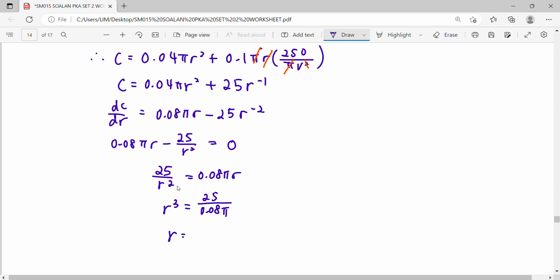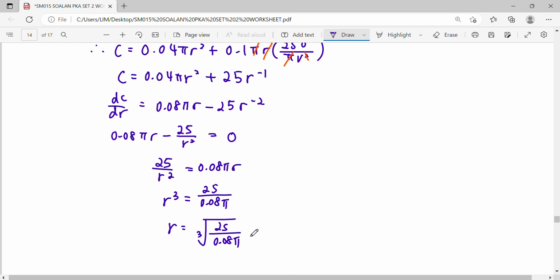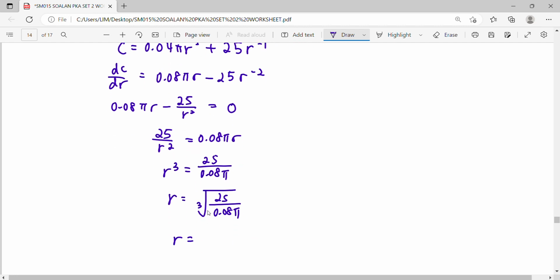So r is the cube root of this. What is the value? Press the calculator: 4.6334. Make sure any decimal has more than 3 significant figures. More than that, you can save it already. Okay, so the third step is done.